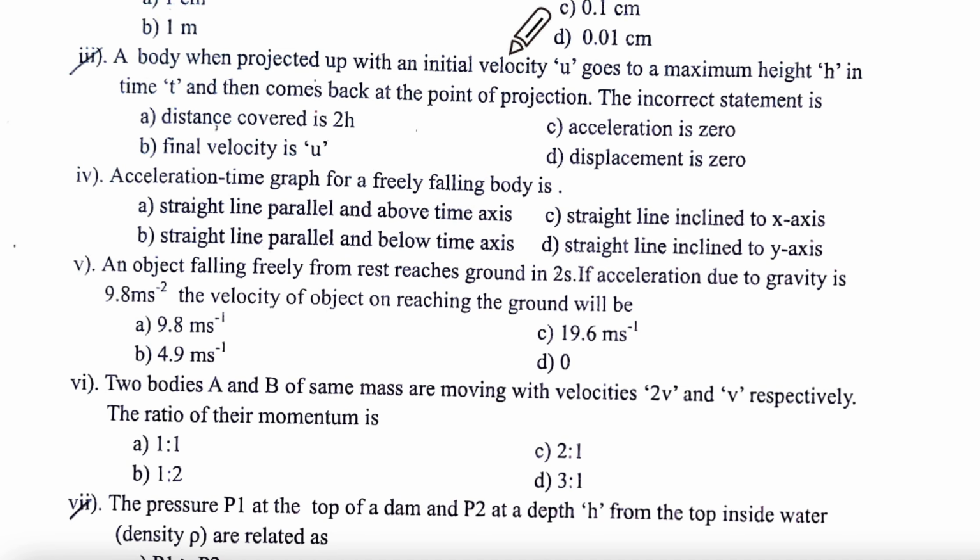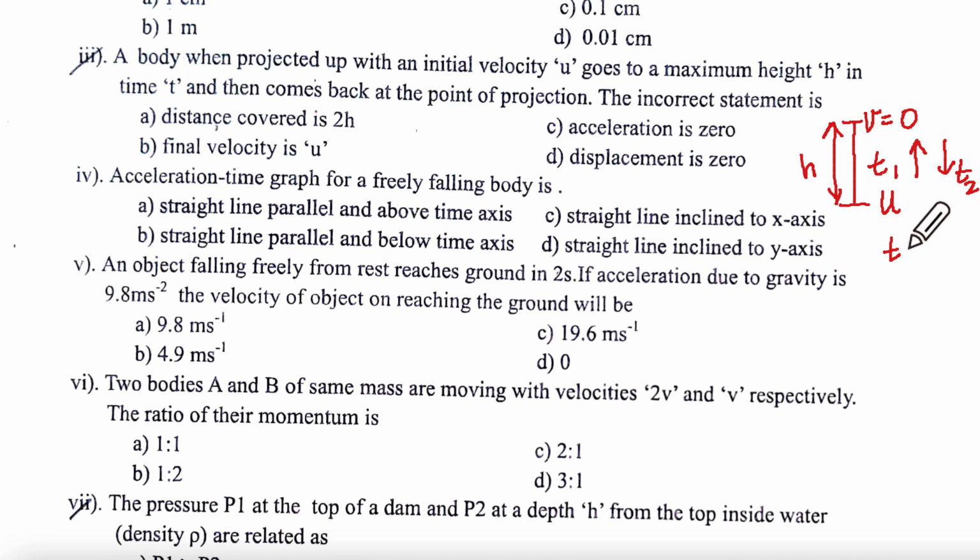Body projected up with initial velocity u reaches maximum height h in t seconds and then comes back. The incorrect statement. So we have initial velocity u, final velocity will be 0 because it goes to the highest point. This is h, and then it comes back. The time taken is t, so t1 for going up and t2 for coming down.